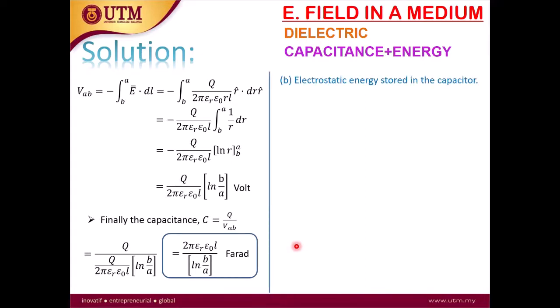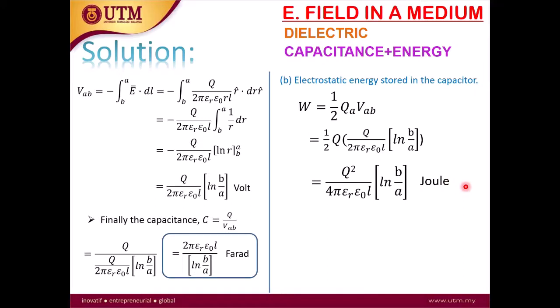Next, to determine the electrostatic energy stored in the capacitor, W equals 1 over 2 Q VAB. We know Q, we know VAB, so you just put them into our formula. Finally, we obtain the energy equal to Q squared divided by 4 pi epsilon r epsilon naught L ln b over a, and the unit is joule.